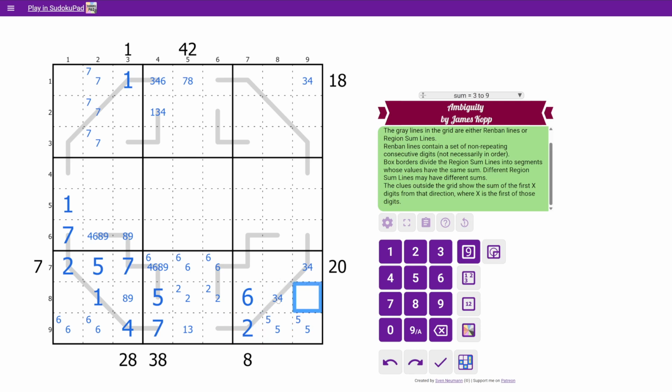So either way, this has been locked down to a 3, 4 combo there. That is peculiar. So either this is 9 or 1. This is 1 or 9 only.